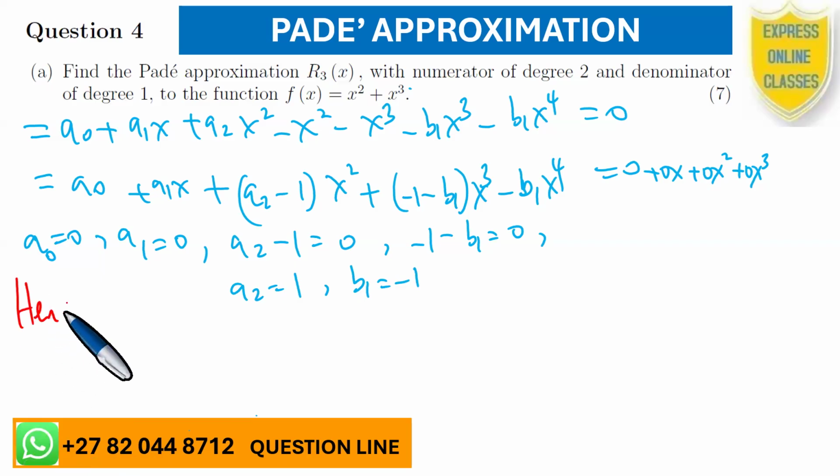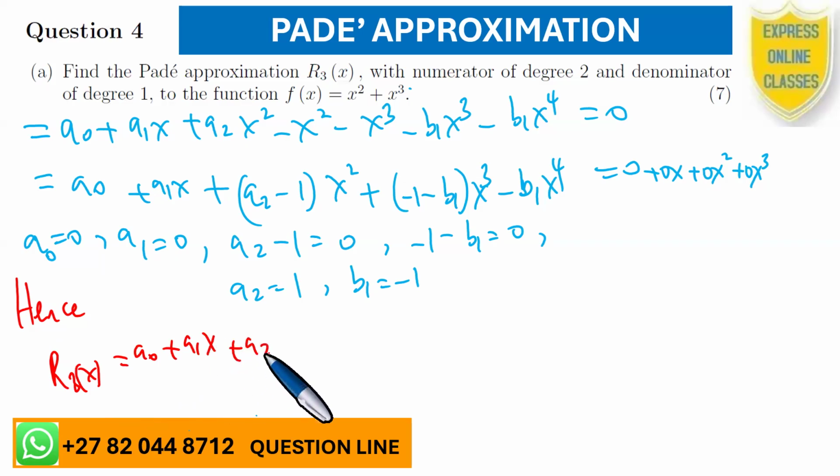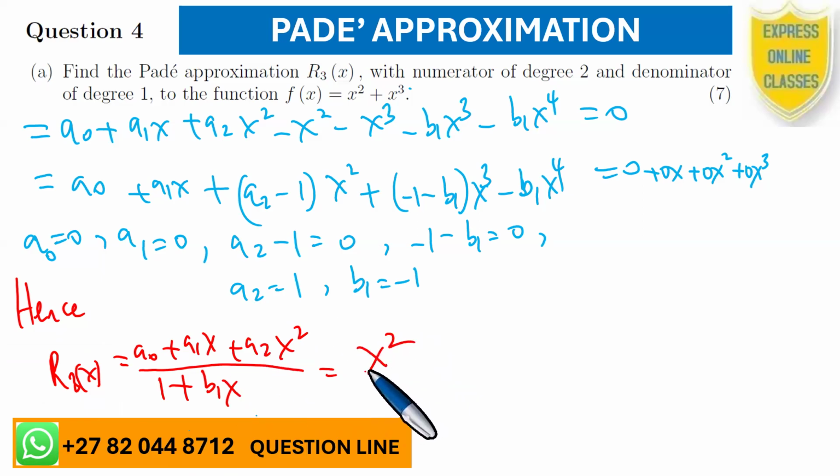Hence, a0 plus a1x plus a2x squared, you divide by 1 plus b1x. a0 is 0. a1 is 0. a2 is 1, giving us x squared divided by 1, and b1 is minus 1.